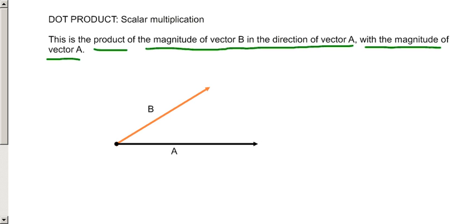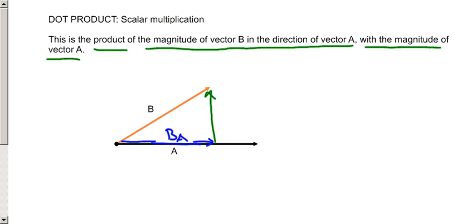So in other words, if we were to break down B into its components of, B that's in the A direction and B that is perpendicular to A. So we've got B that's in the A direction. Let's write that a little bit cleaner. So we have B that's in the A direction.